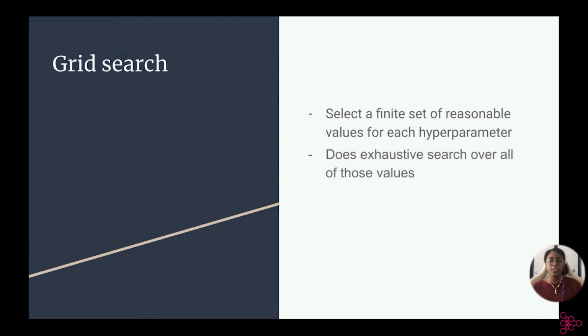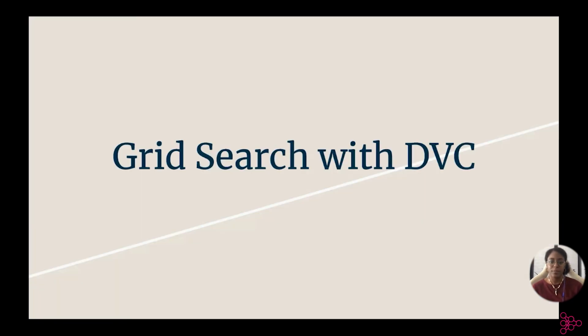So grid search is an exhaustive search. Every value for every hyperparameter will be tested. So you don't have to worry about missing anything. It's a very thorough method. But with that being said, let's switch to a live demo.